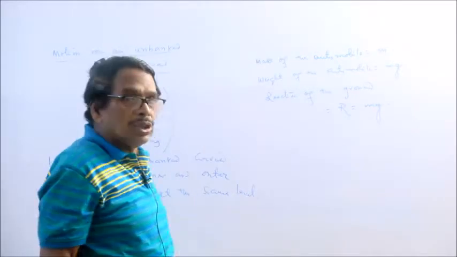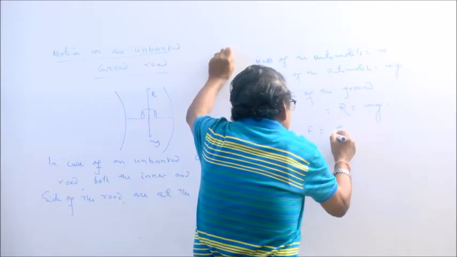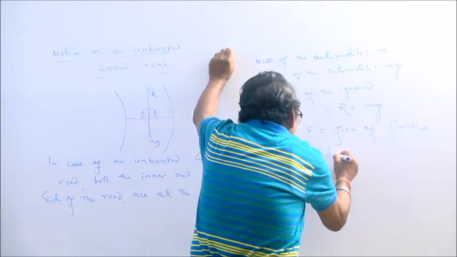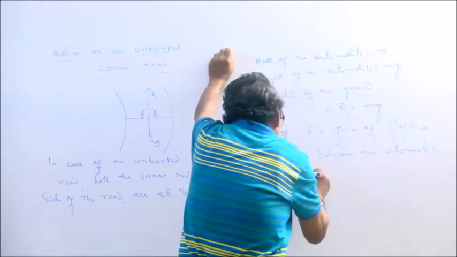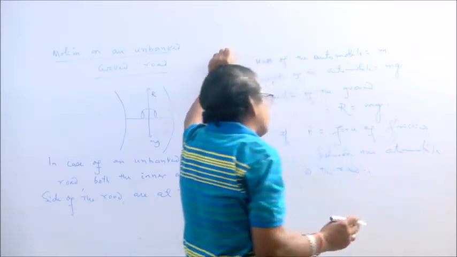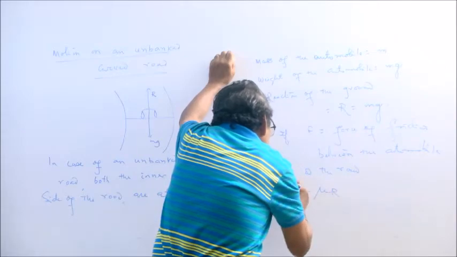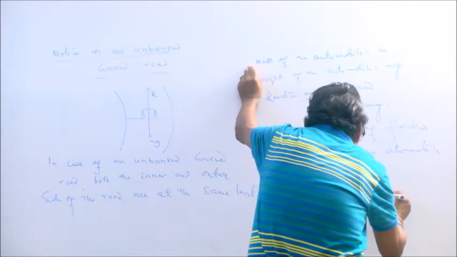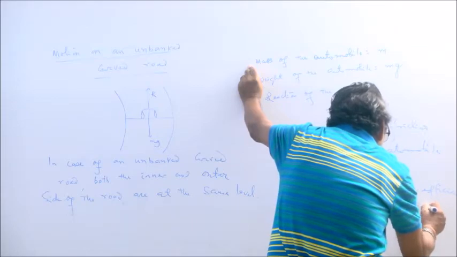Then what is the force of friction here? If F is the force of friction between the automobile and the road, meaning between the tires of the automobile and the road, then F is equal to mu R, where mu is the coefficient of friction.